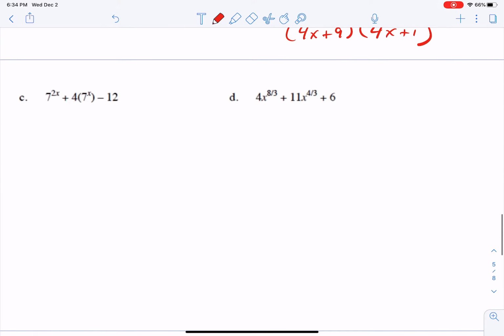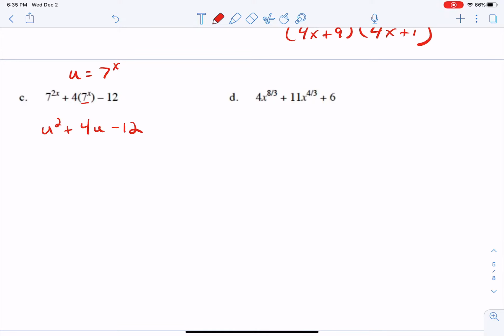I can continue to use u substitution for rational exponents also. So what makes this look complicated is the 7 to the x power. So I'm going to substitute and make u equal to 7 to the x power. So I'm left with u squared plus 4u minus 12.